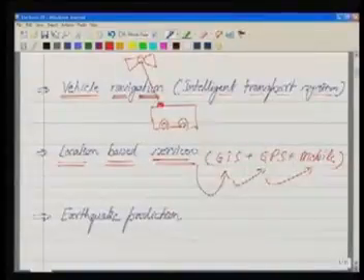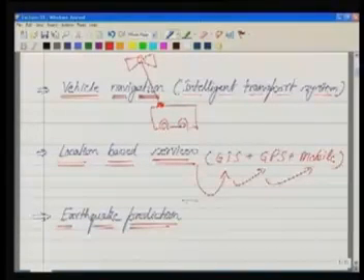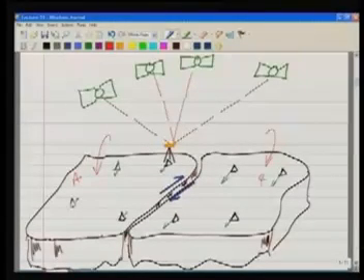One more application here, which is also interesting and very important, is the application of GPS in earthquake prediction. Now in this case, as shown in this hypothetical diagram, there are two land masses, A and B for example, which are moving.